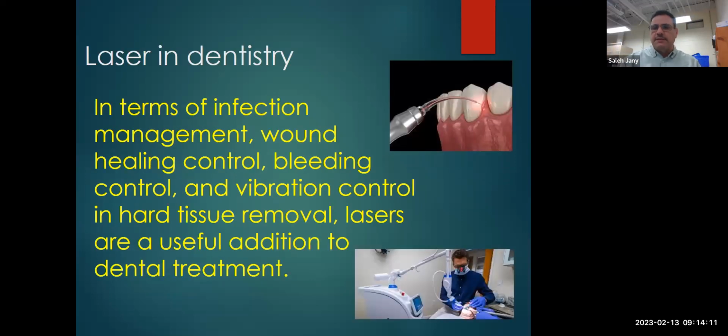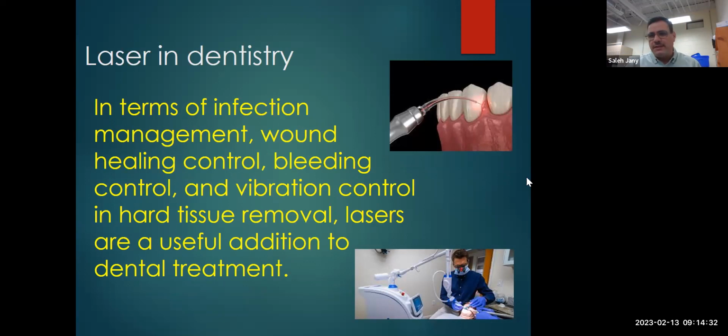So laser in dentistry really didn't replace any big stuff, but it makes life easier for the dentist. Remember when we make a crown on the tooth and we prepare the tooth, usually the edges of the crown will be under the gum.